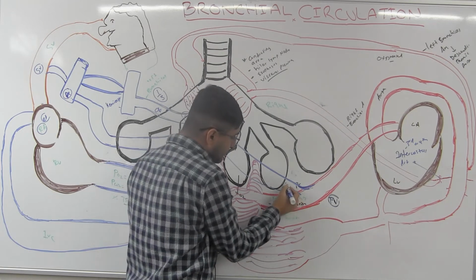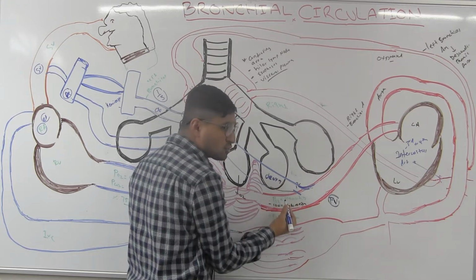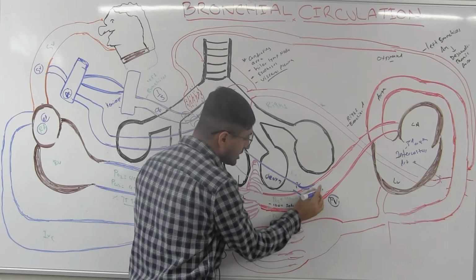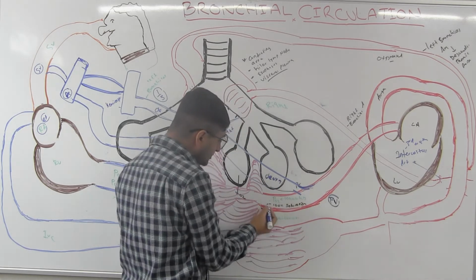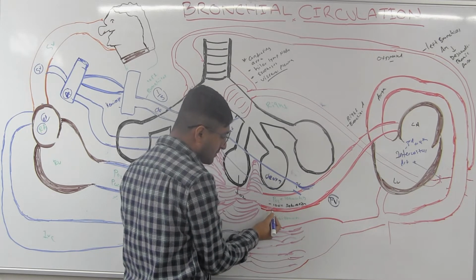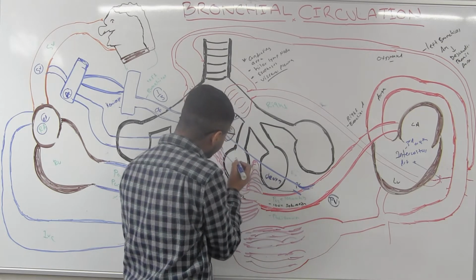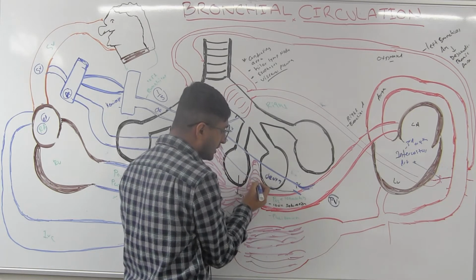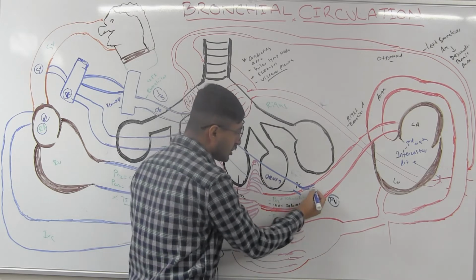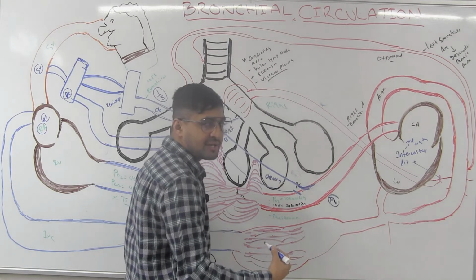Now look, when it straight drains into my pulmonary veins, what is this carrying? Deoxygenated blood, right? The 2/3 of that deoxygenated blood drains straight into my pulmonary veins. When it was 100, the partial pressure of oxygen was 100 millimeters of mercury, and the saturation 100%, right? But remember, when there is a mixing of this deoxygenated blood, which is high in carbon dioxide, with the oxygenated blood, that is going to reduce your partial pressure of oxygen and saturation.